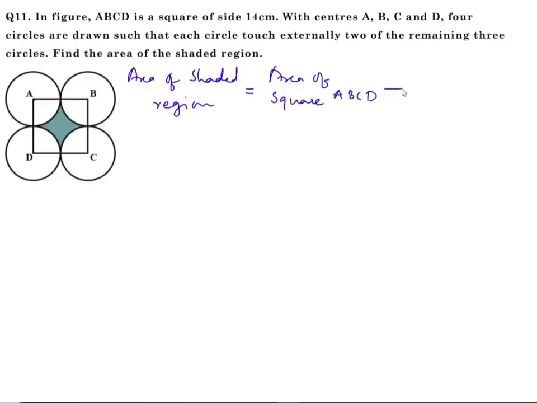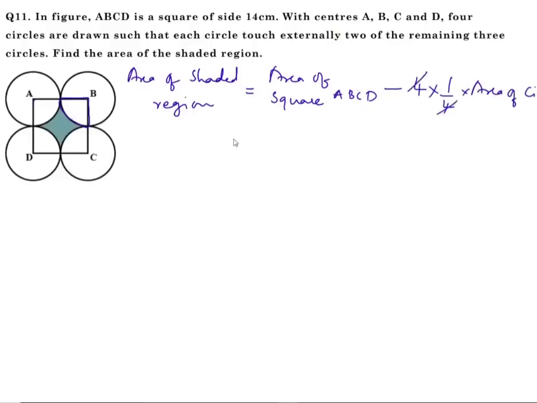So area of shaded region equals area of square ABCD minus 4 times a quadrant of a circle, that is 4 times 1 by 4th of area of circle.